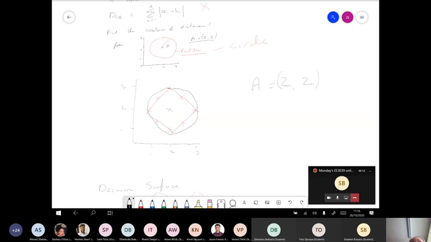But in the middle, for example, this point here is a distance 1 using city block, but it is less than 1 Euclidean. So there is a distortion in the distance.